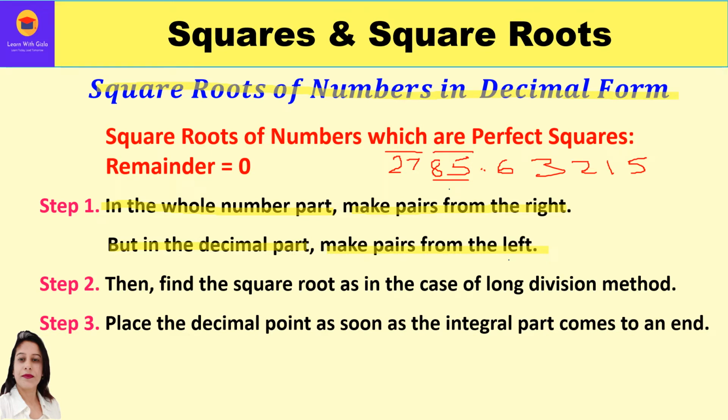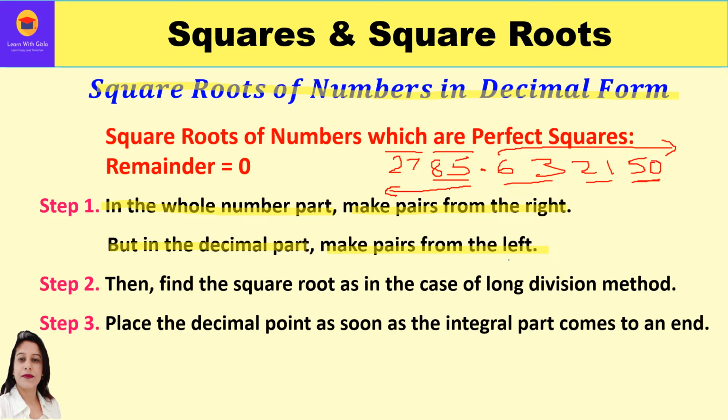So in whole numbers, I start from the right side of the decimal point, and for the decimal part, I start from the left side and go outwards to make the pairs. The first pair will be 63, then 21, then a single digit is left. To make it a pair, I can insert a 0 here. This is how I can make the pairs.